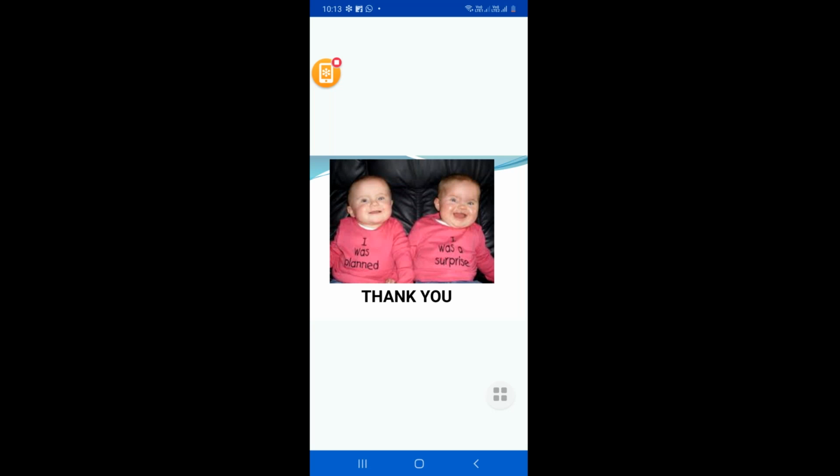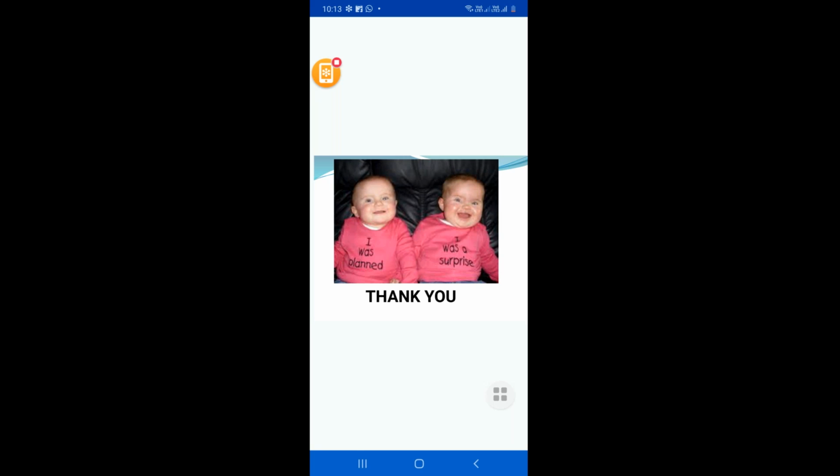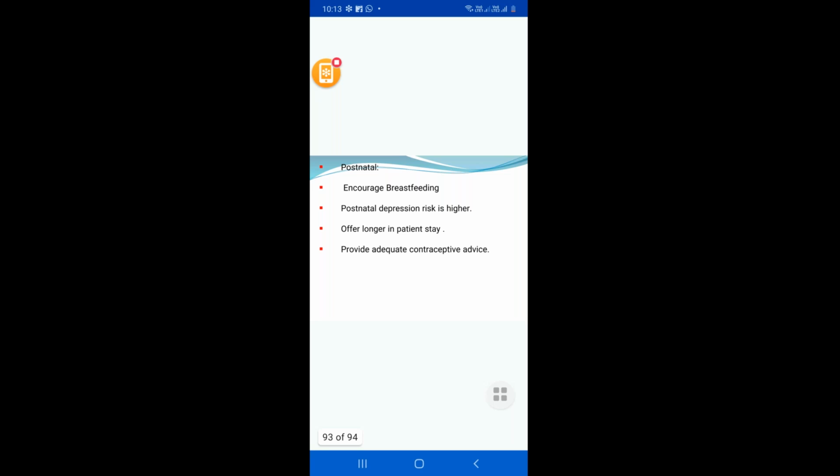Did you get this point? You need to clearly understand, when you see two boys as twins, then it might be monozygotic or dizygotic. But if you see a boy and a girl in a twin, then it is 100% dizygotic. This is a clear view of all your twin pregnancies.